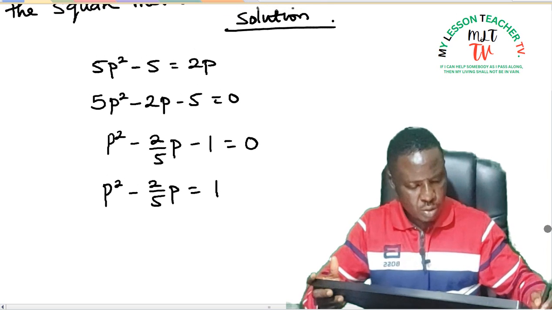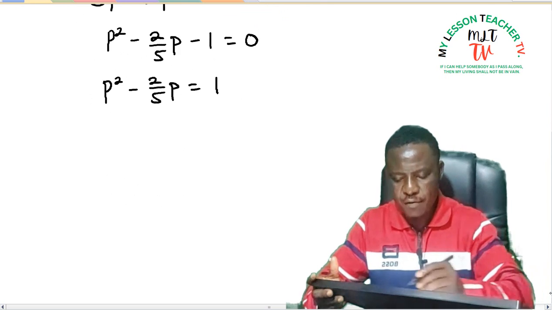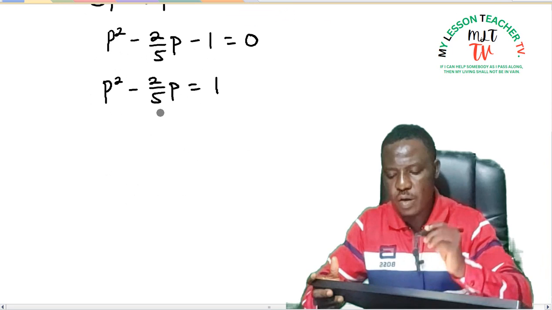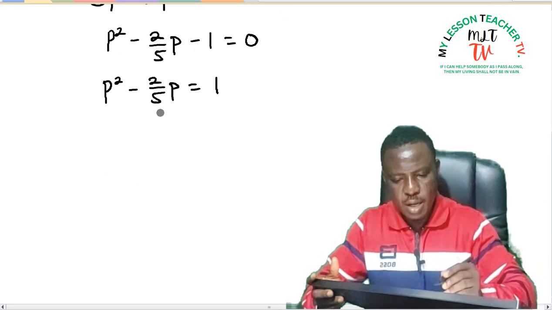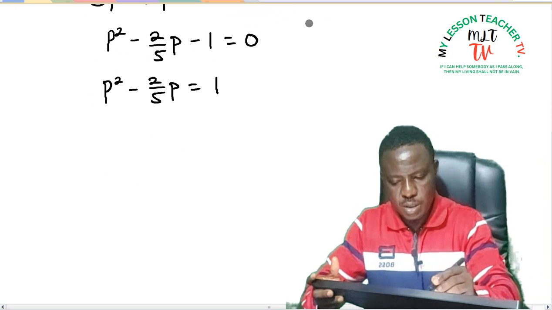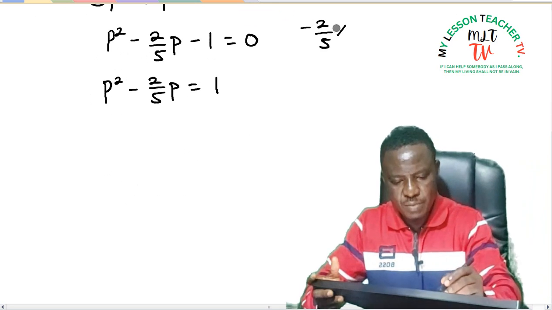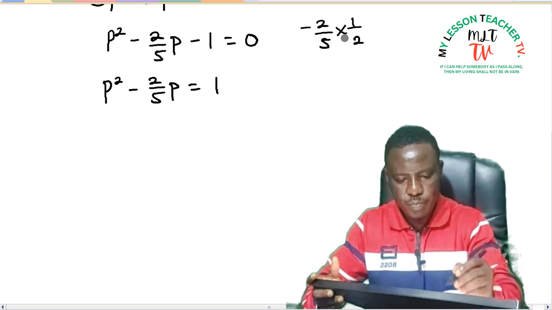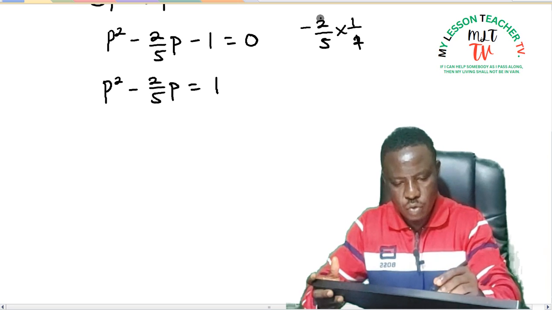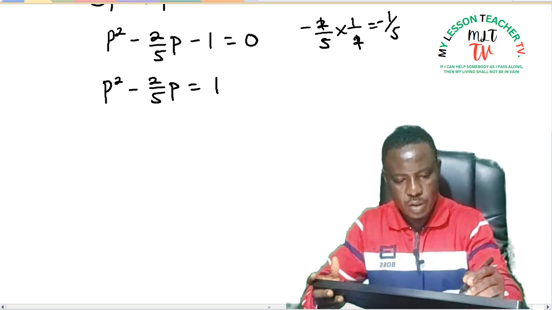The next step is to look for half the coefficient of p. The coefficient of p is minus 2 over 5. Halving it means you multiply by half, or divide by 2, and this gives you minus 1 over 5.